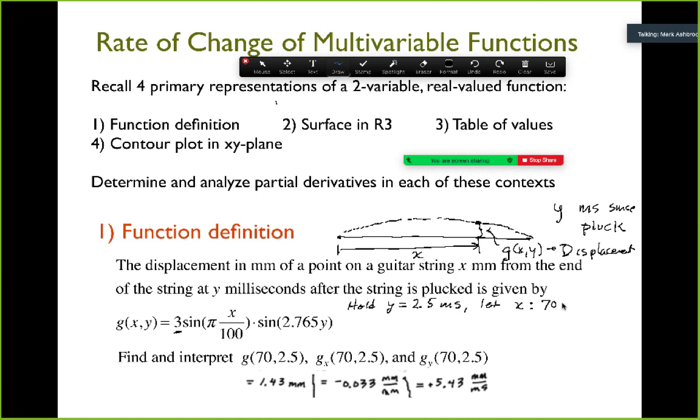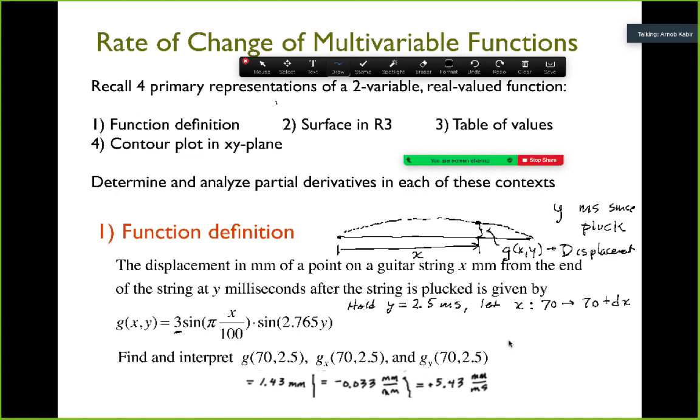We're going to let x change from 70 to something a little bit bigger than 70. So we're going to let x change by dx. So x is 70, it's going to increase a little bit. What does this number tell us now?